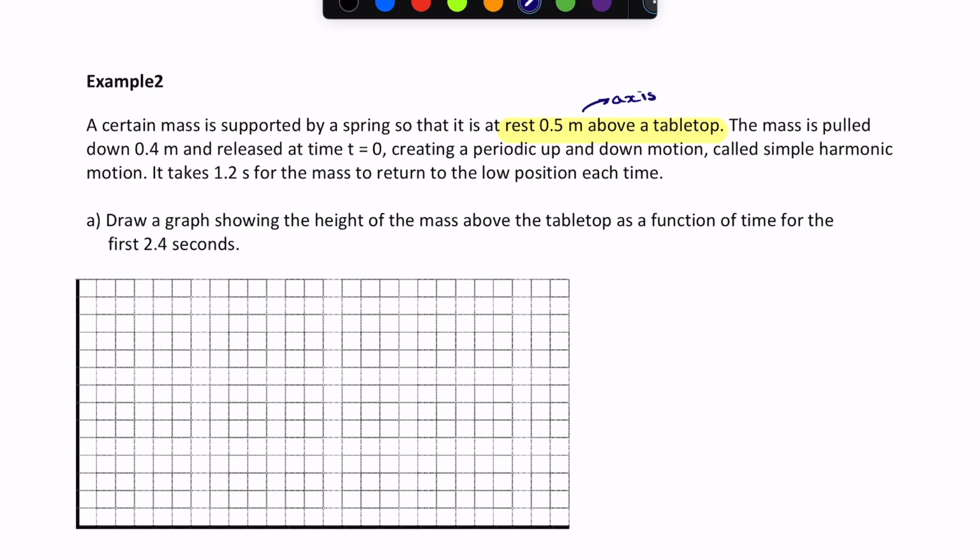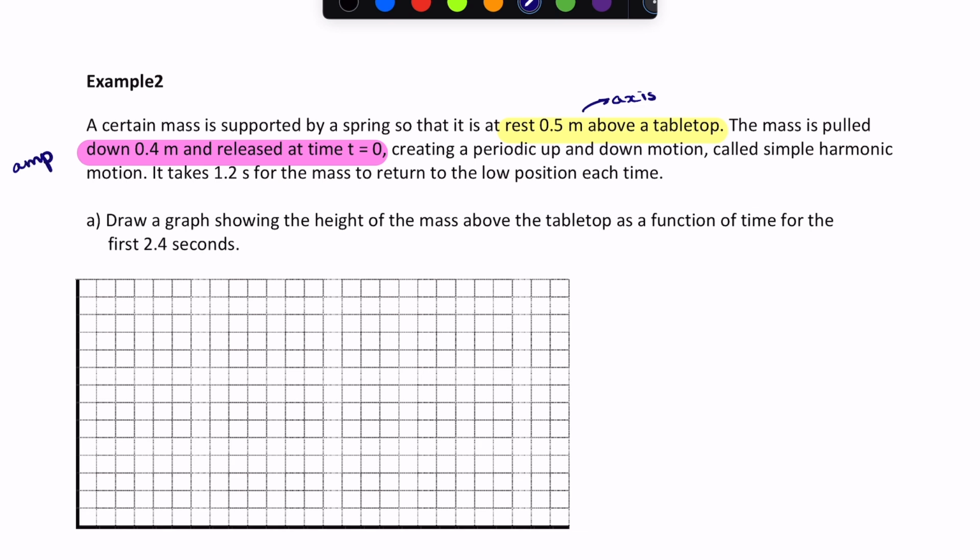The mass is pulled down 0.3 meters and released at time 0. Here again, that will be our amplitude.